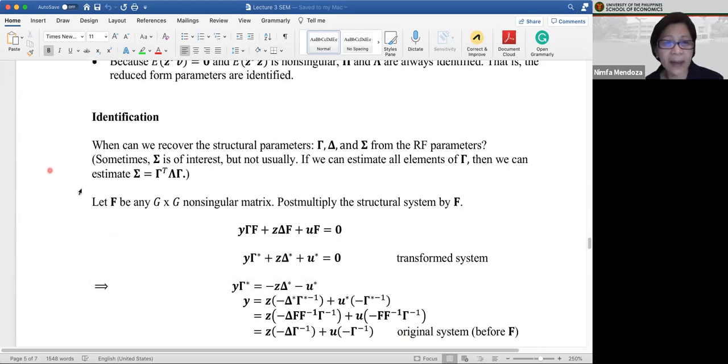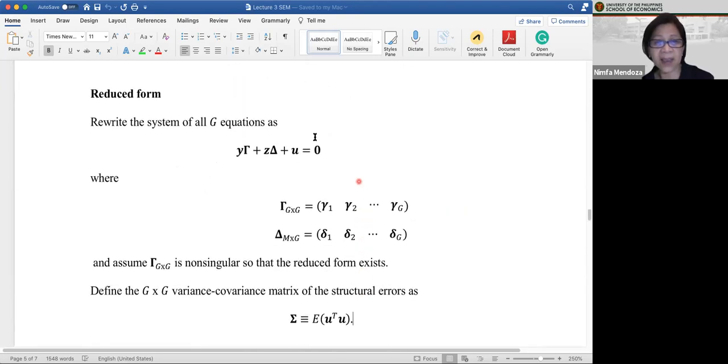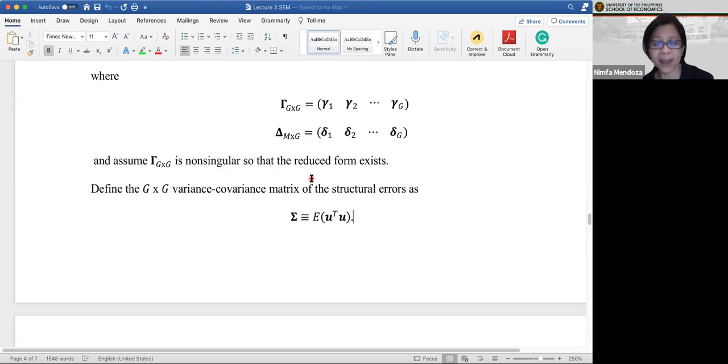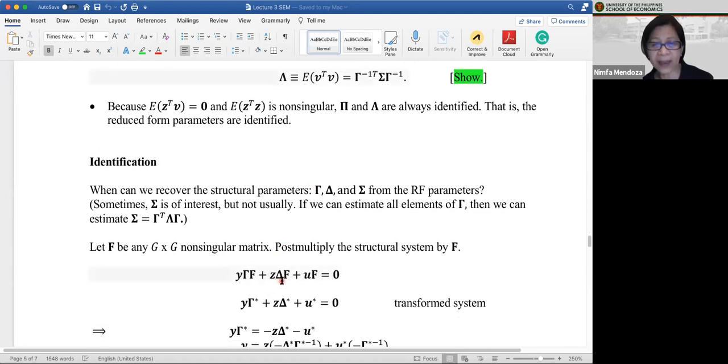Now, let's have matrix F as any G by G non-singular matrix. Okay, so F inverse exists. Okay, let's post-multiply the structural system by F. So the structural system is this. We post-multiply both sides of the equation by F. Okay, so we have Y gamma F plus C delta F plus UF is equal to 0.